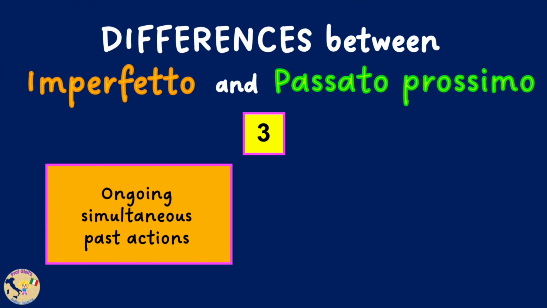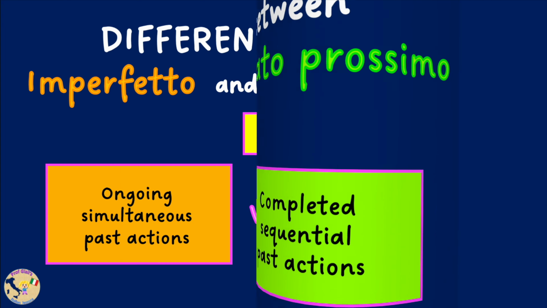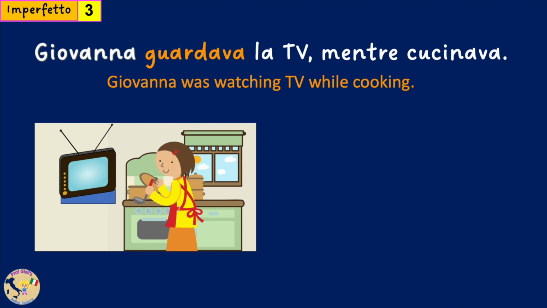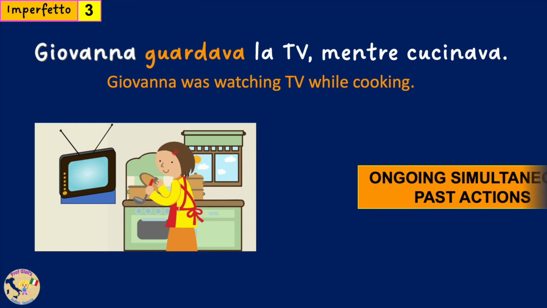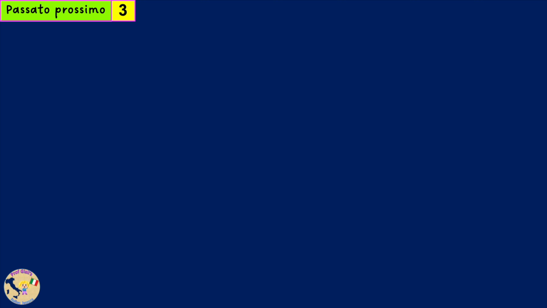Ongoing simultaneous past actions versus completed sequential past actions. Imperfetto. Giovanna guardava la TV mentre cucinava. Passato prossimo.